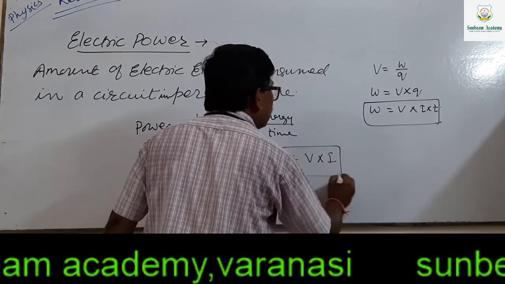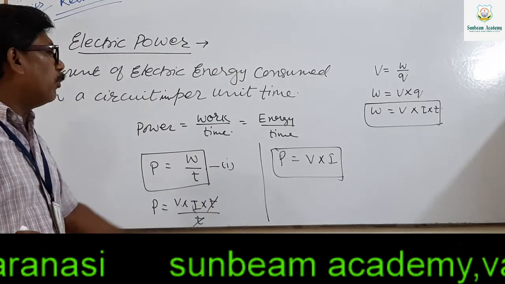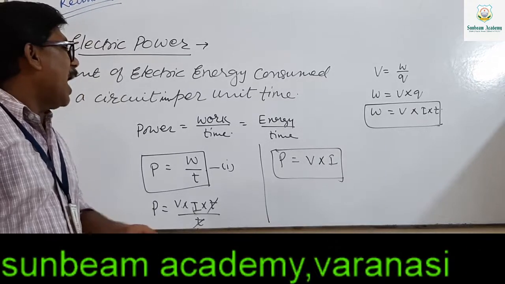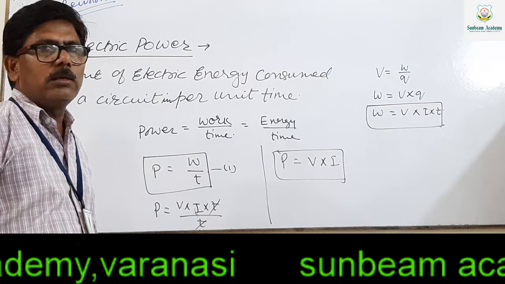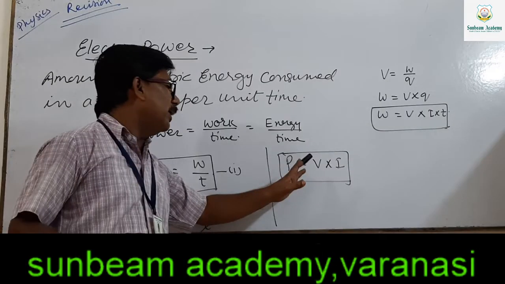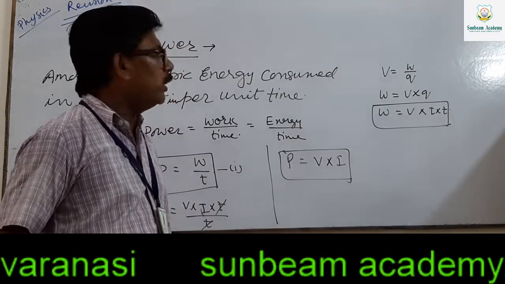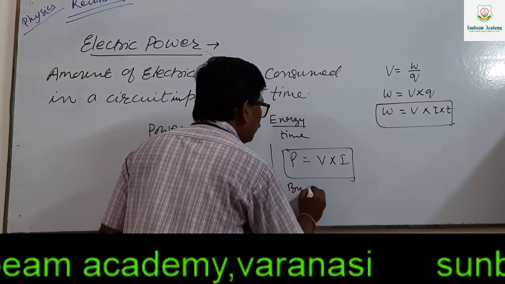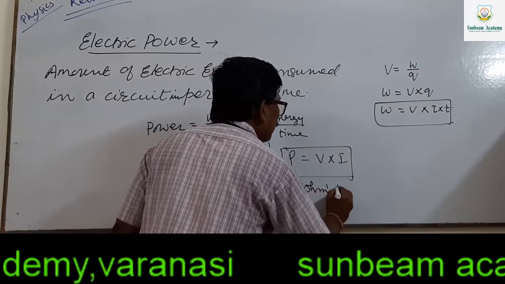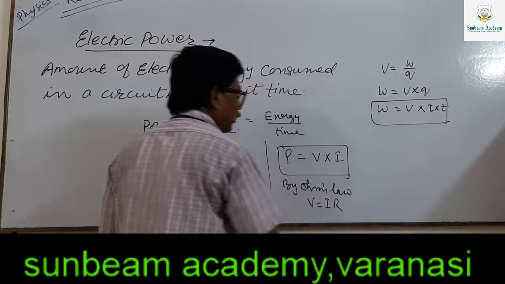So as per this formula, you can define electric power as the product of potential difference and the current flowing through the conductor. Now again, by Ohm's law, you know that V is equal to IR.